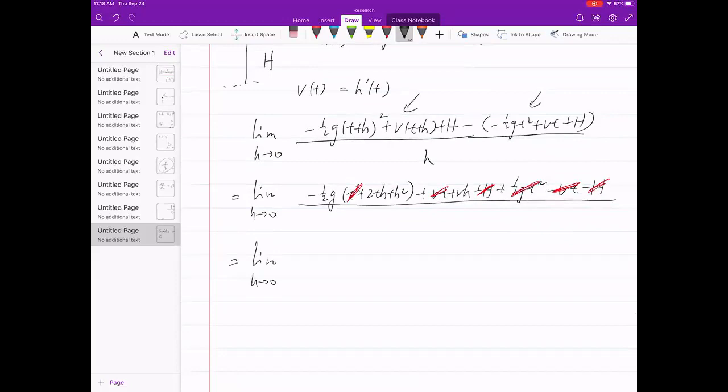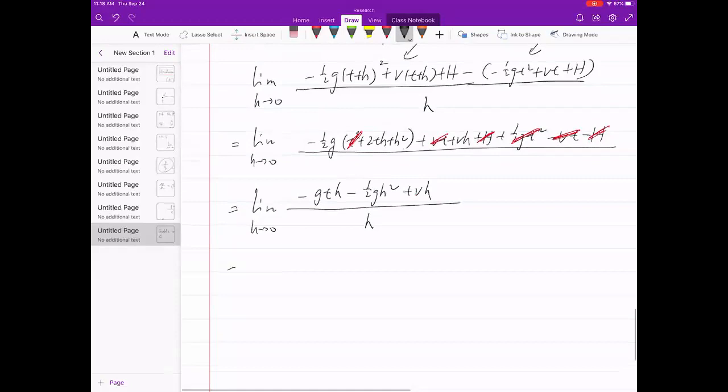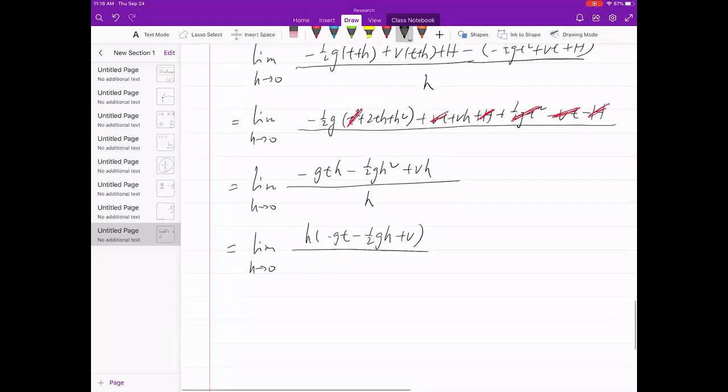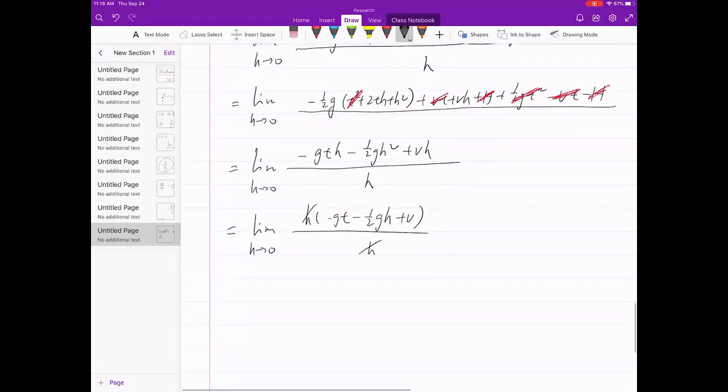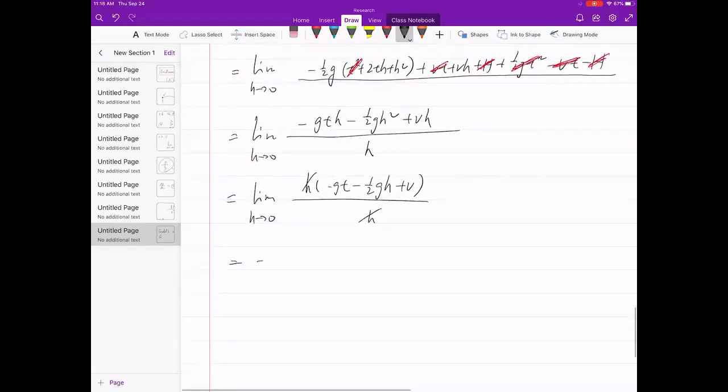So what's left is negative g t h minus 1/2 g h squared plus v h, divided by h. That's the second one.